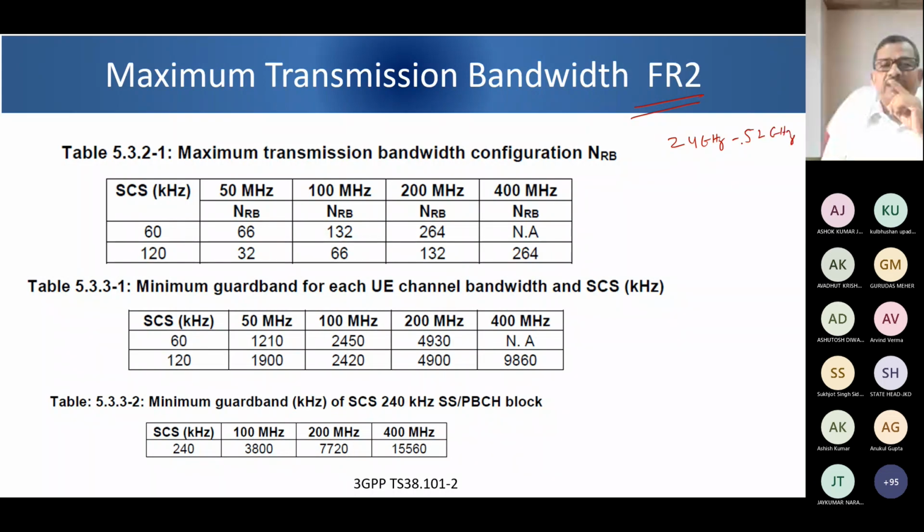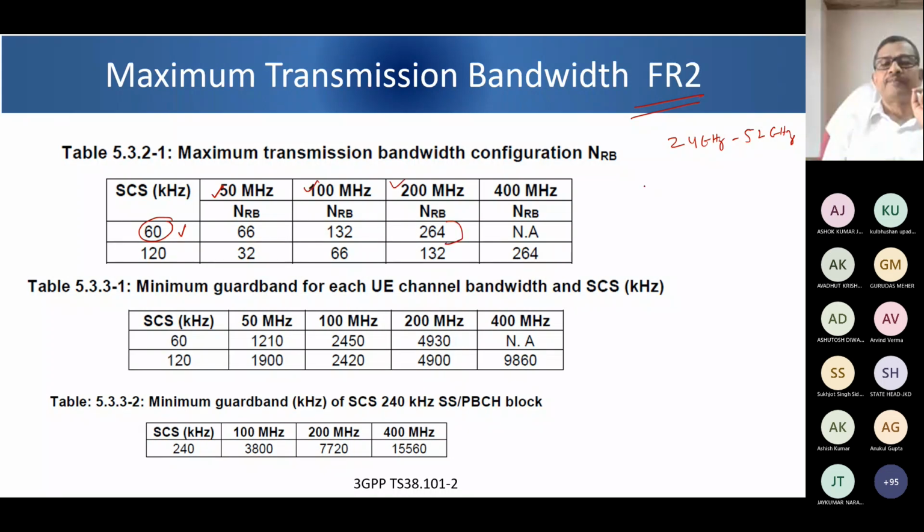So here also, just see for 60 kilohertz, that 60 kilohertz is common in FR1 and also FR2. That is one of the key observations, that 60 kilohertz was also there in FR1 and also available in FR2. For 60 kilohertz, so 50, 100 and 200 up to this.